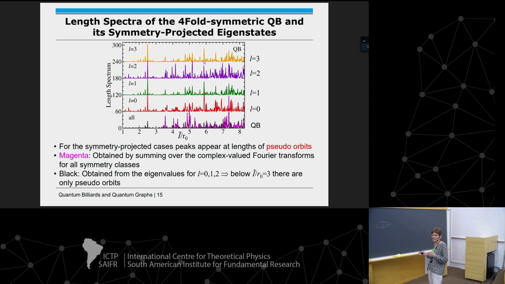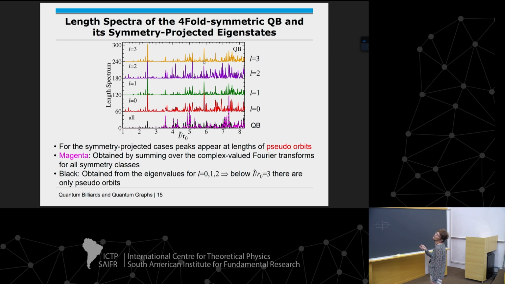If you sum over all four complex valued functions, you get this magenta length spectrum, which doesn't have peaks below about 3. The same holds for the quantum billiard: depending on how you sum, you won't find any peaks below 3.